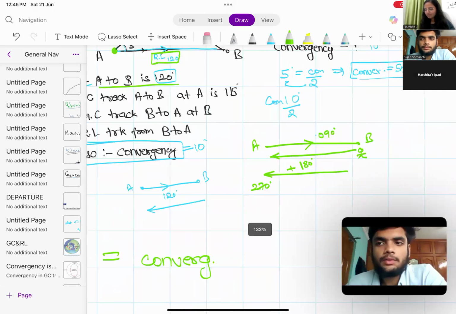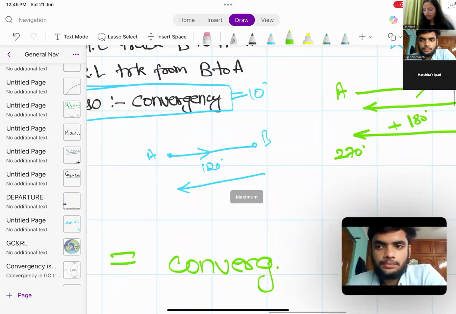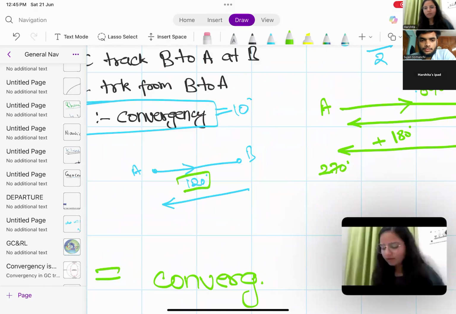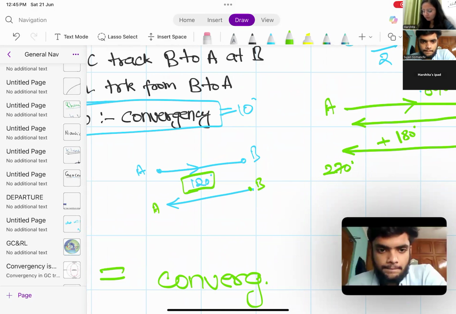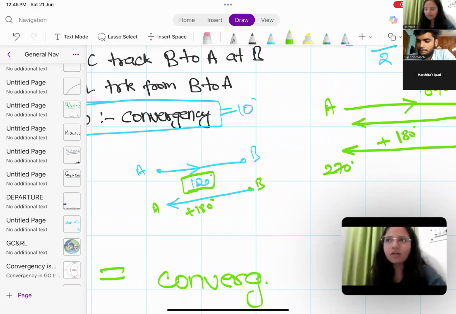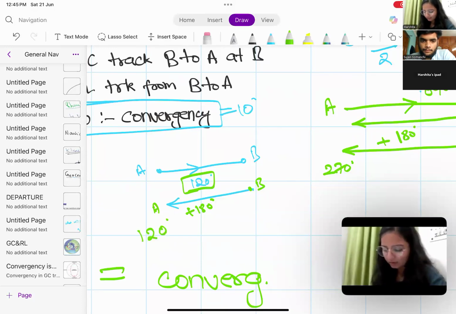Yes. So now you went from A to B. When you went from A to B, the direction was 120 degree. Coming back from B to A, you'll add or subtract 180. So here we are adding 180. What was the simple formula I told you to add or subtract? If you want to add 180, plus 2 minus 2 and nothing.